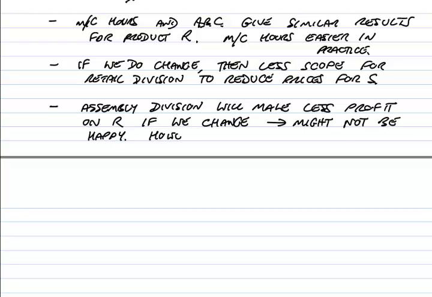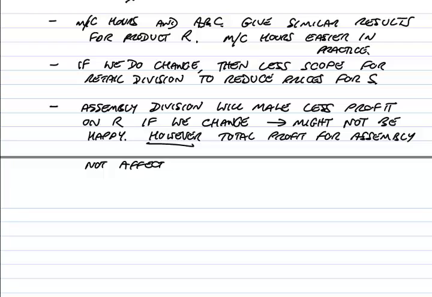However, total profit for assembly is not affected to a larger degree.